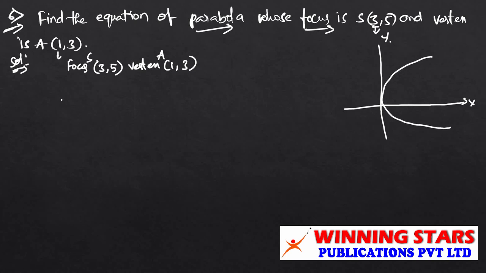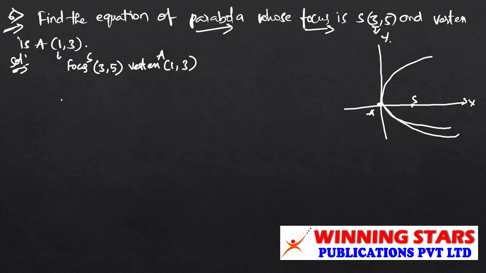Now, the focus S is in this place here, and the parabola will come like this. So here I will take the focus as S. Now A is the vertex, so here I will take A. We have to find the equation of the parabola now. The focus and vertex are given.